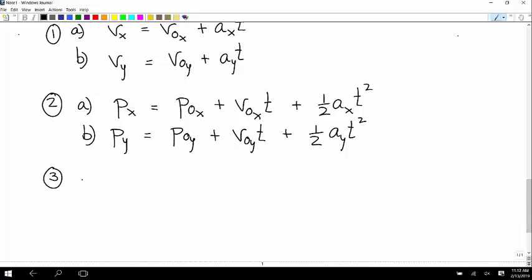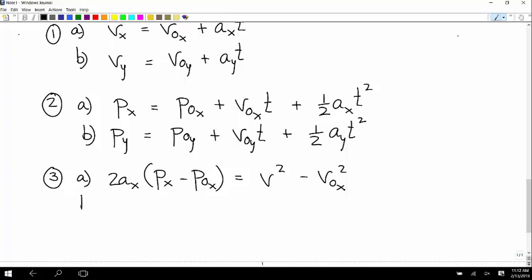And then equation 3a says 2 times ax times the quantity px minus p0x is equal to vx squared minus v0x squared. And the last one, 3b, is all the same stuff, but with y components.